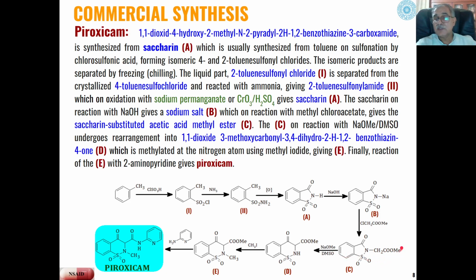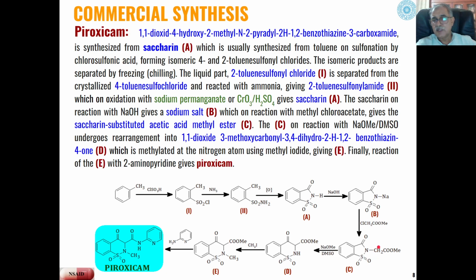Then this methyl ester reacts with sodium methoxide using DMSO as a solvent, and ring expansion will take place, with this CH2 acting as a carbanion.